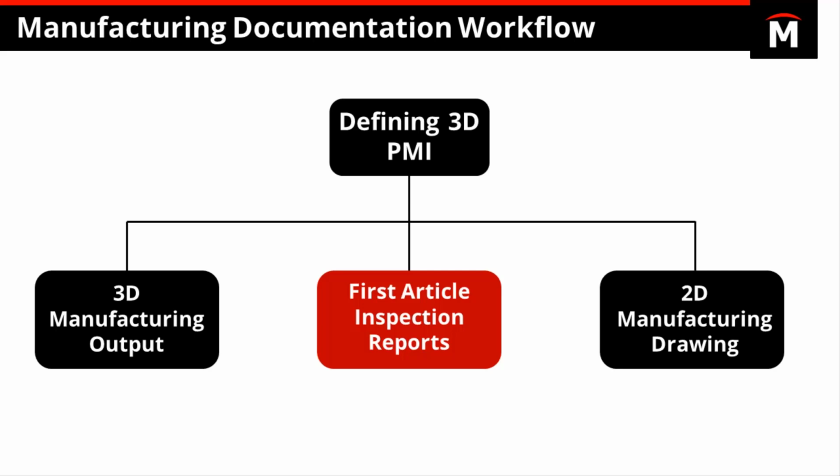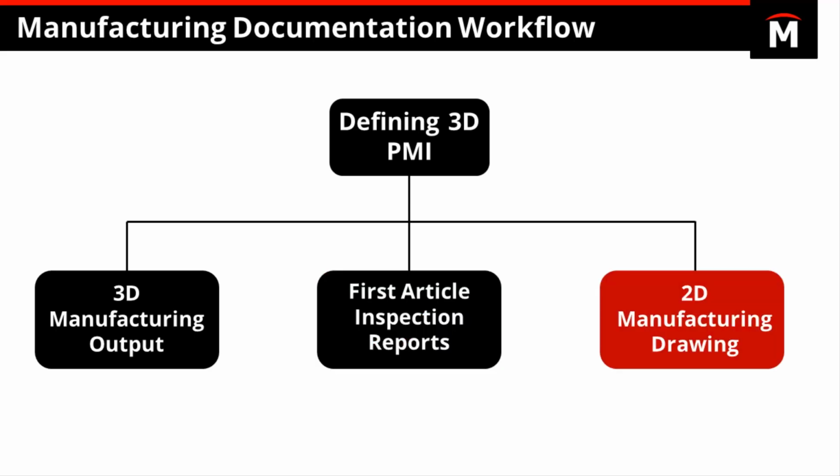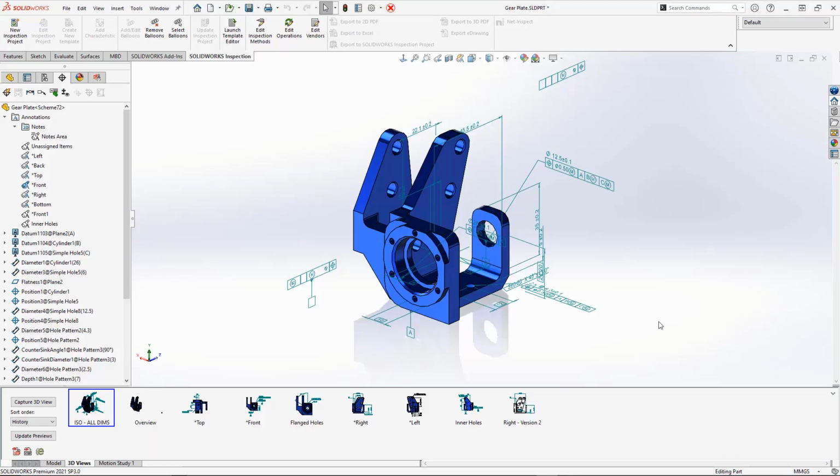Now, if you are not quite ready to go into this more drawing-less environment, and you still are creating 2D drawings, we can still utilize model-based definition and 3D PMI in order to grab and generate the information for 2D drawings. That's what we're going to take a look at here.